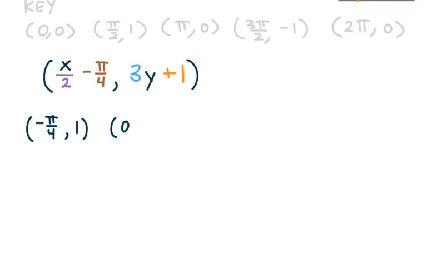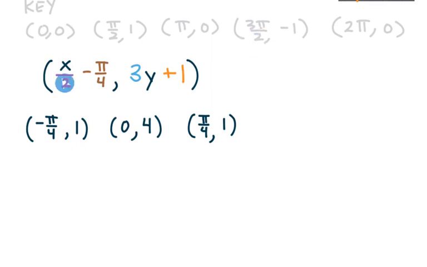I have 0. 1 times 3 plus 1 is 4. Pi divided by 2 is pi over 2. Pi over 2 take away pi over 4 is pi over 4. So I have pi over 4. And 3 times 0 plus 1 is 1.